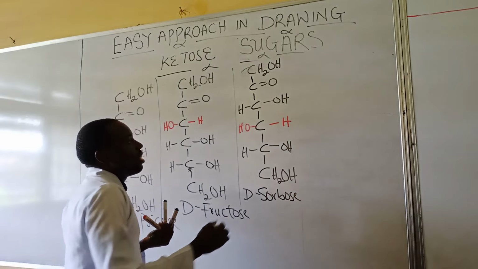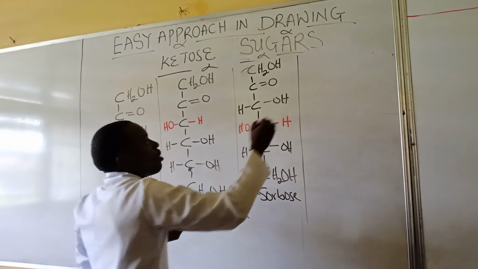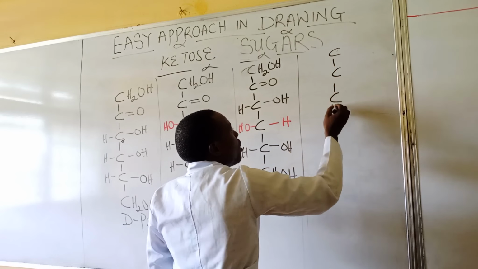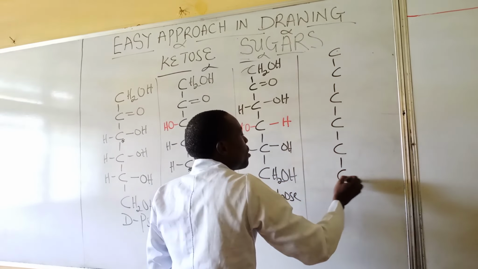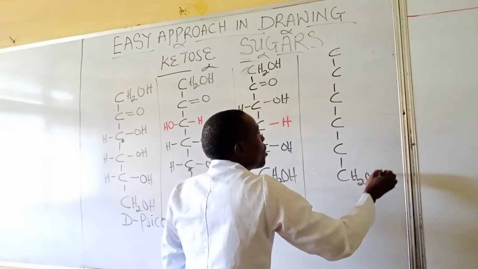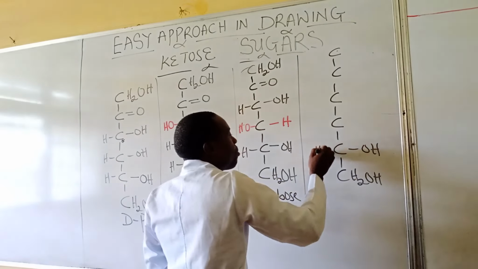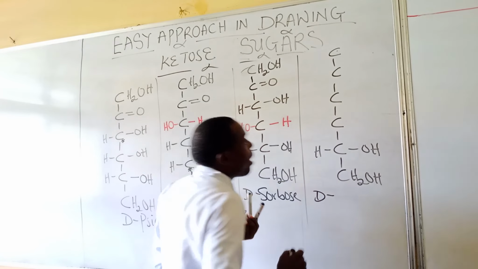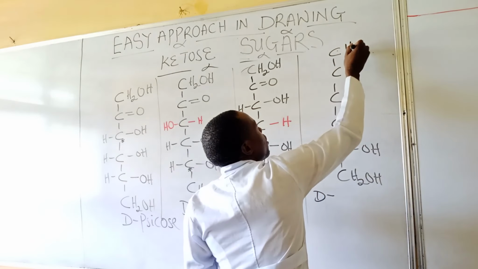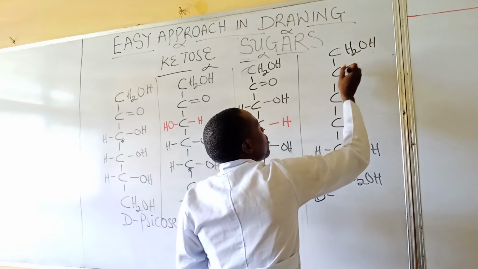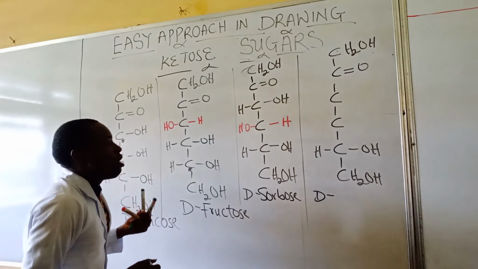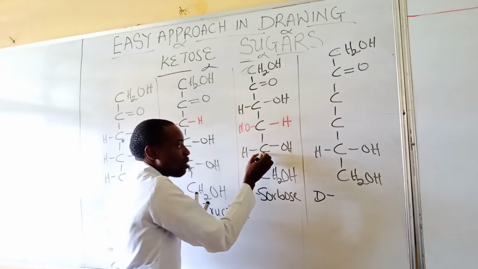Then lastly, 1, 2, 3, 4, 5, and 6. The functional group, and the last chiral carbon in the D form. Now remember, I've told you that we don't touch this last one.